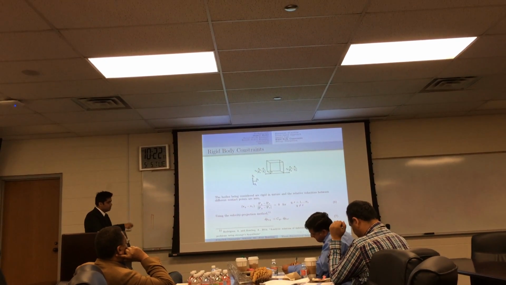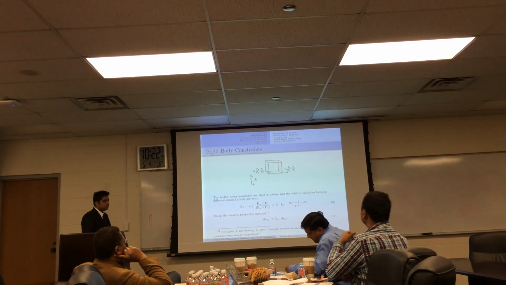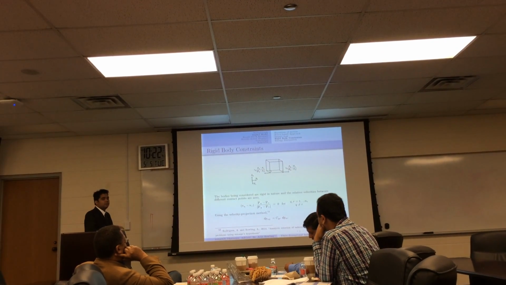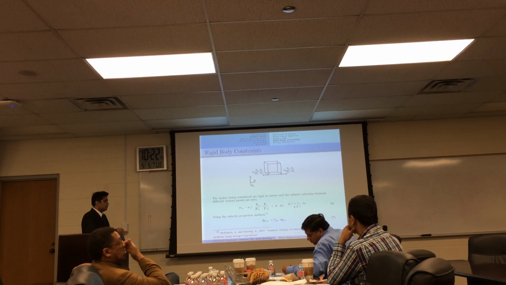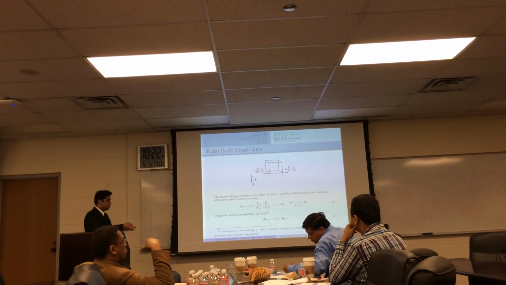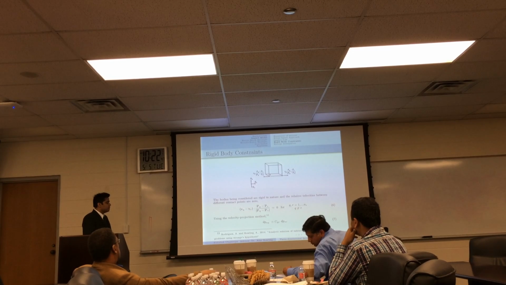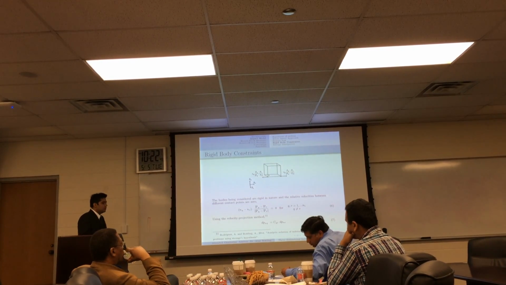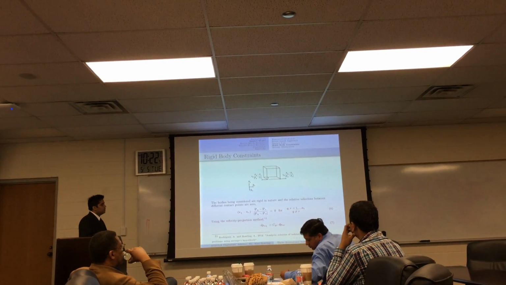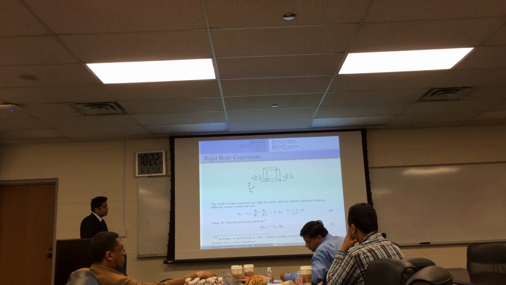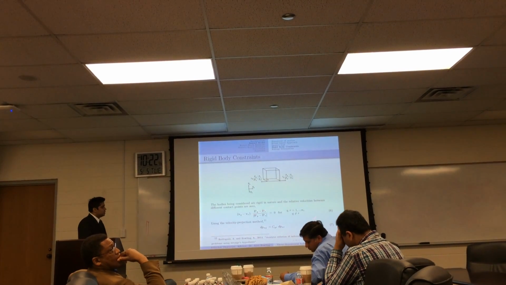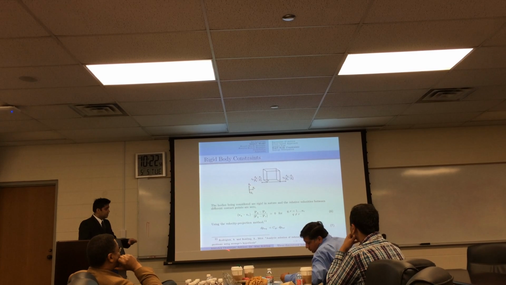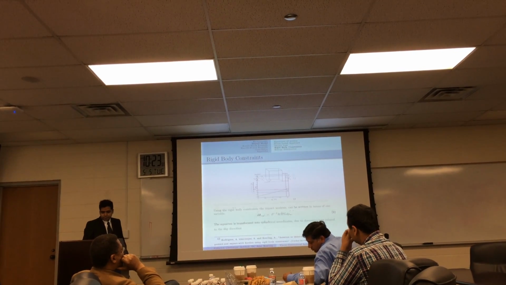This paper describes a method for converting such a velocity constraint equation into an impulse constraint equation. Once we do that, we could relate the different normal impulses in terms of each other using some coefficients like C_QR over there.